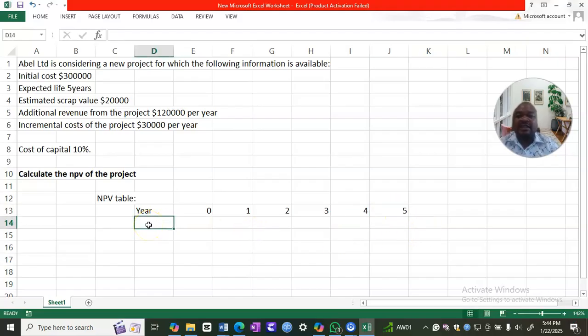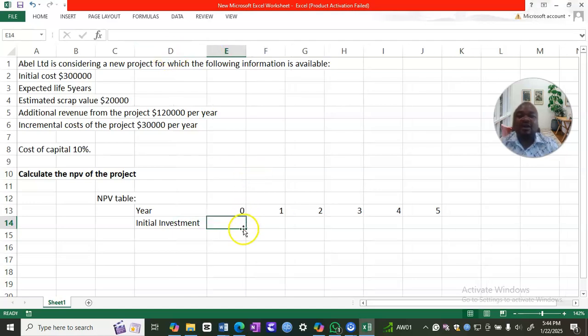And then we have got our initial investment, or the initial cost of the project. This one is usually put in year 0, but let me just widen this column. So this is a negative 300,000 in year 0.